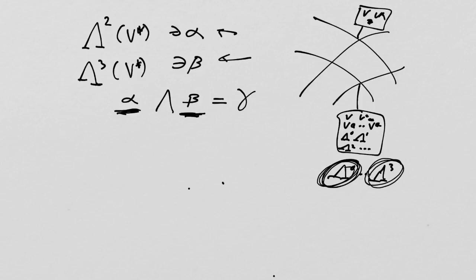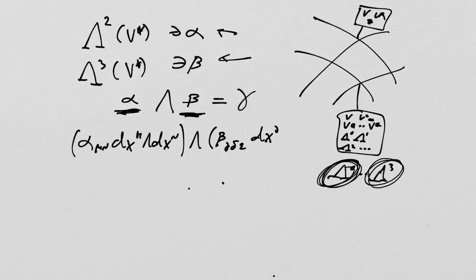And you can imagine, alpha is going to be written as alpha mu nu dx mu wedge dx nu, because it's a two form. And it makes perfect sense to wedge it with beta, which is beta gamma delta epsilon dx gamma wedge dx delta wedge dx epsilon. You can do that wedge very logically because everything is linear, because in the end all of these are tensors and we know that they're linear.